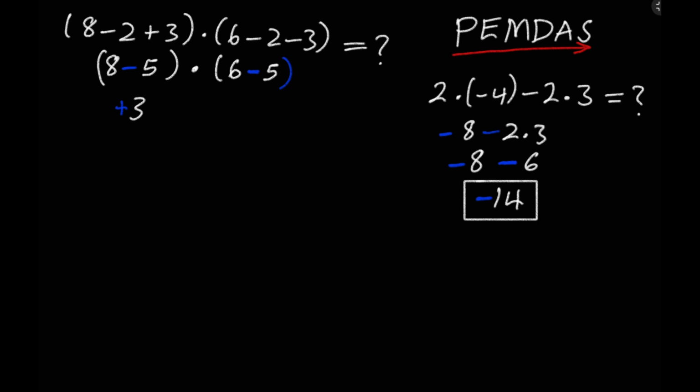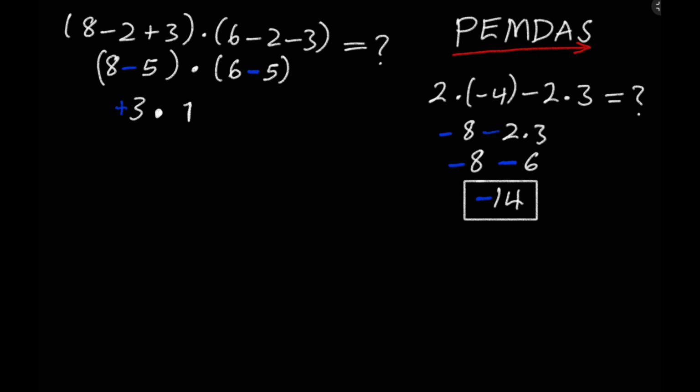Okay? Now we have solved the first parenthesis, then multiply by 6 minus 5. 6 minus 5 is 1. And because 6 is bigger than 5, the sign will be positive. But there is no need to write the positive sign. Of course, we can write it if you want.